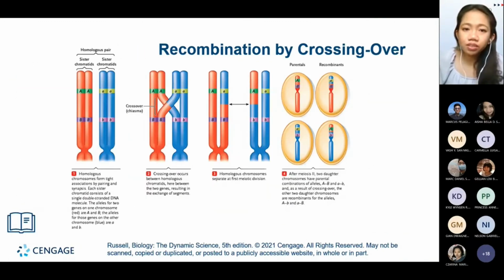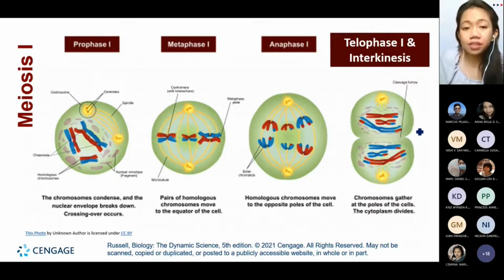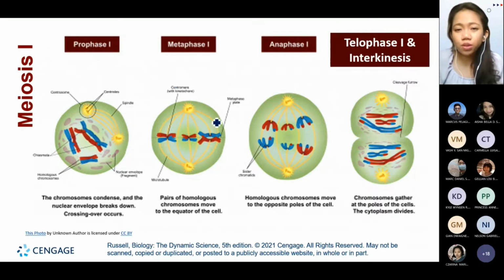All right, so that's one of the major changes in terms of meiosis. Now, pupunta na tayo sa ibang phases ng meiosis. Starting with prophase 1, ibang-iba siya kasi nagkakaroon ng crossing over. By the time na tapos na yung crossing over, the cell will now enter metaphase 1, and it's pretty normal.